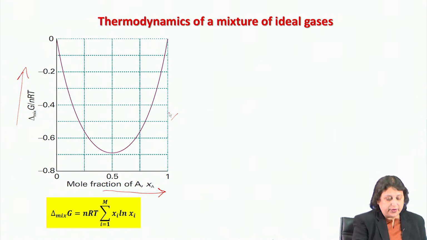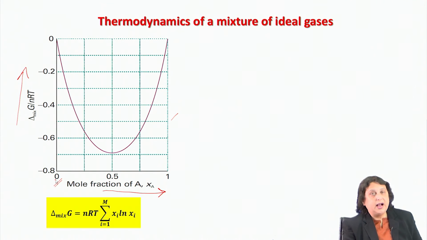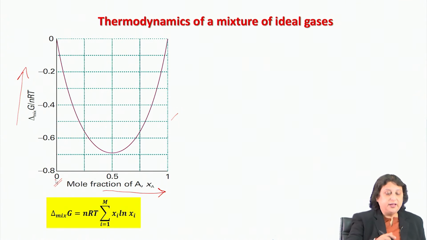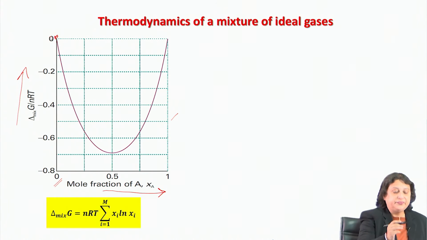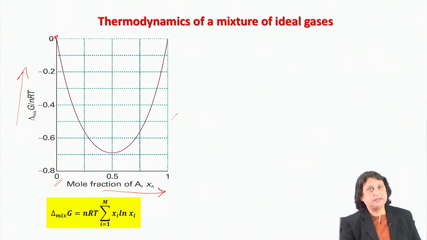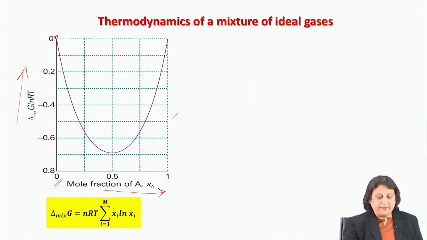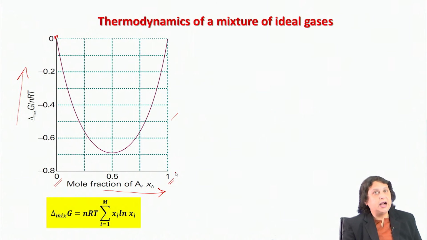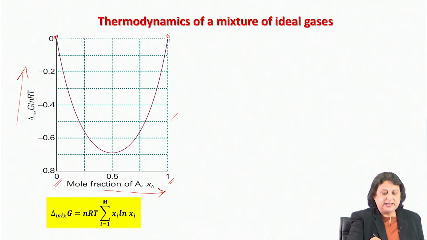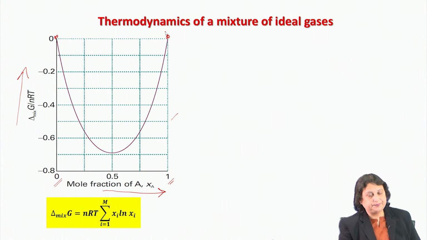When I start from Xa equal to 0, I have the pure substance B. Therefore, the corresponding value of delta G mixing is equal to 0 because there is no mixing at all. When I have Xa equal to 1, there is again no question of mixing, and I have the pure substance A, and delta G mixing is again equal to 0.